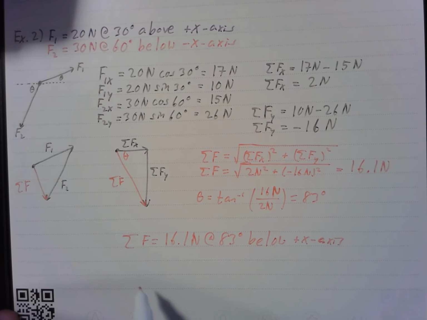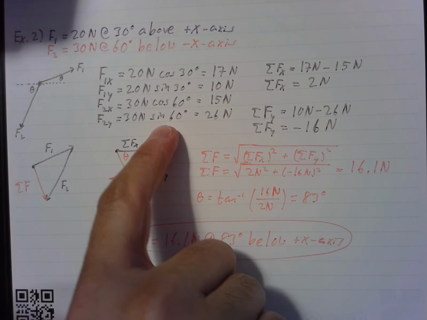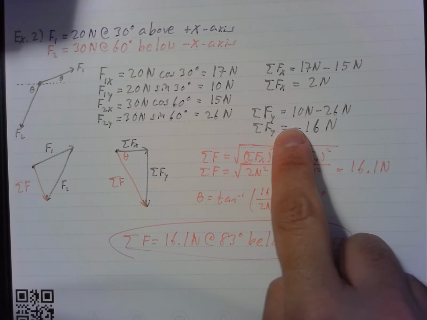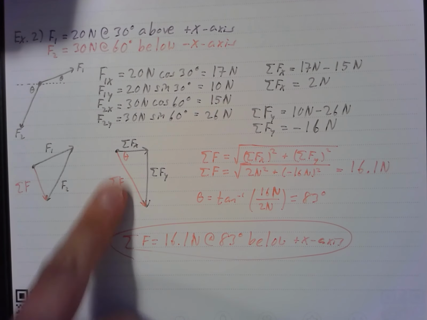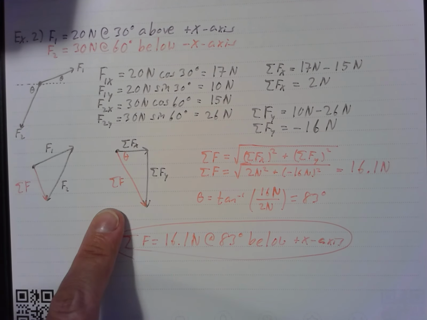So there is the net force, and that's about as complex as the component method gets if you're making a computation: you're adding 2 vectors that are both at angles. You have to break them apart into components, add their components separately, and then put them back into a hypotenuse of a right triangle.